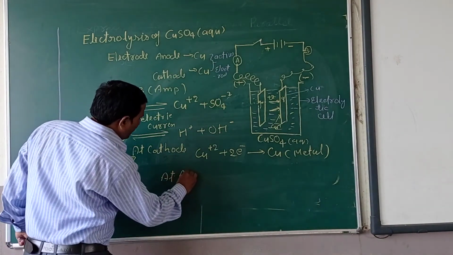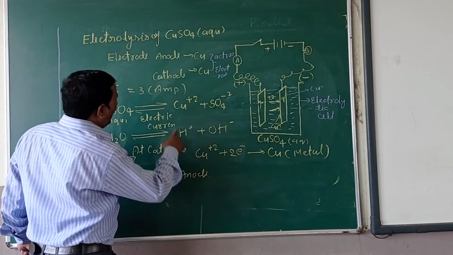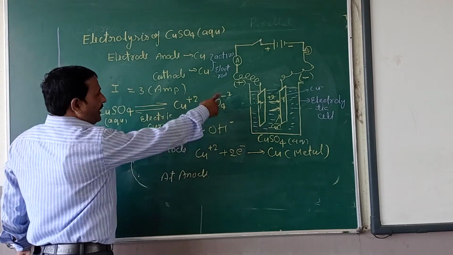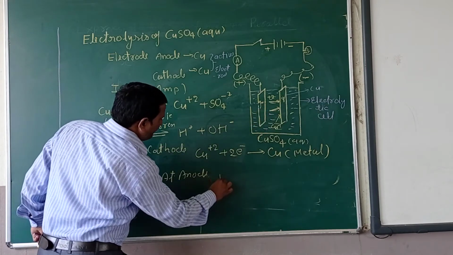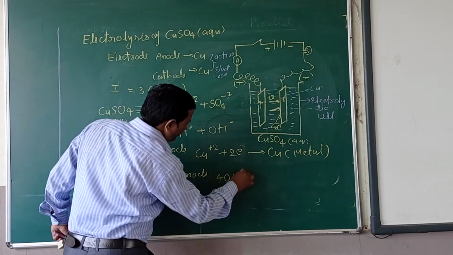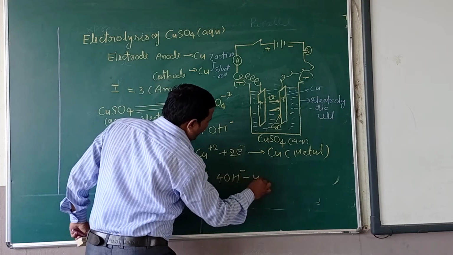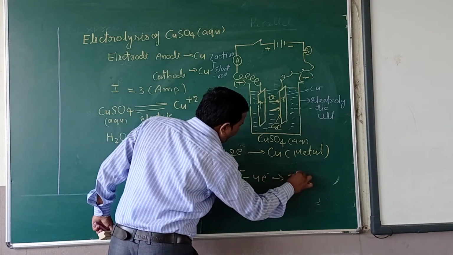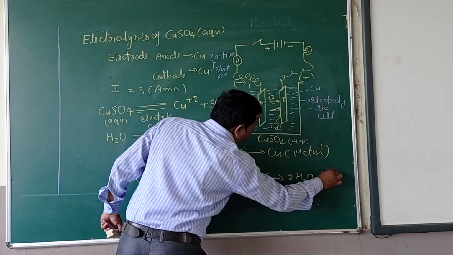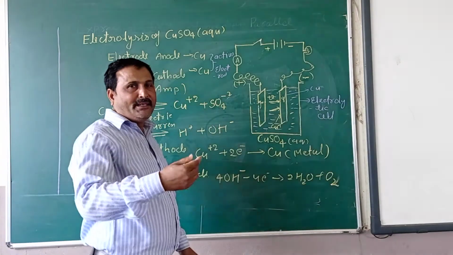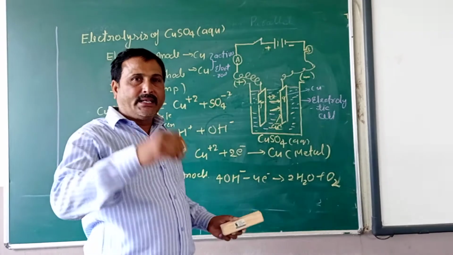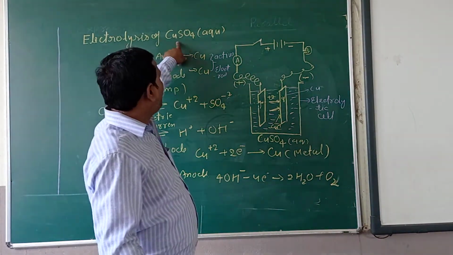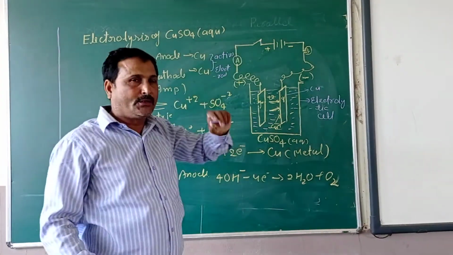Then the product at the anode, on the basis of the electrochemical series, hydroxide ions migrate to that side. 4 OH- lose 4 electrons and form water and oxygen. Then the product at the anode will be oxygen. Okay, this is out of portion, but only this electrolysis of aqueous copper sulfate is in your portion.